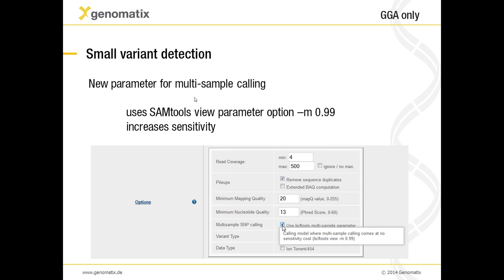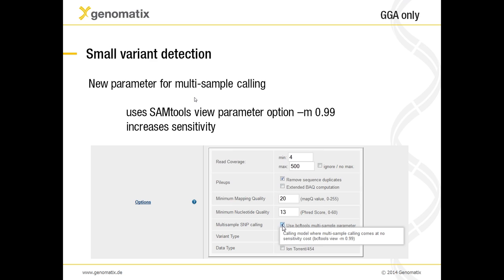And you might want to do that if you want to compare two or more samples to one another, like for example in a cancer and a matched normal data set, in order to find variants that are maybe only present in one of the samples and not present in the other sample. For example, like if you're looking for somatic SNPs in a cancer data set.